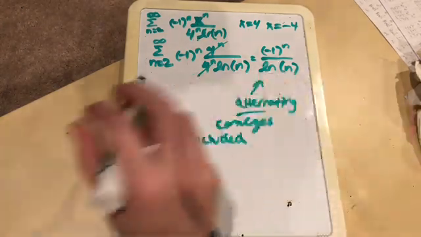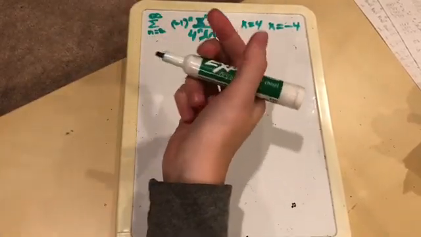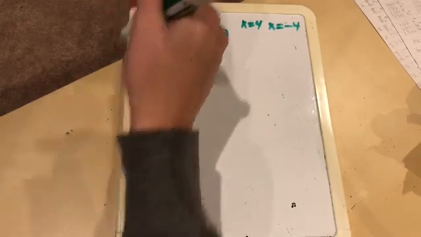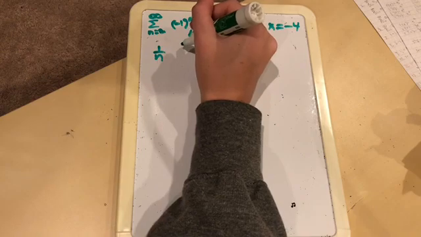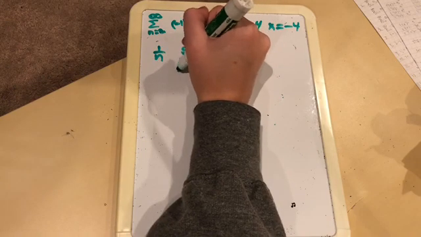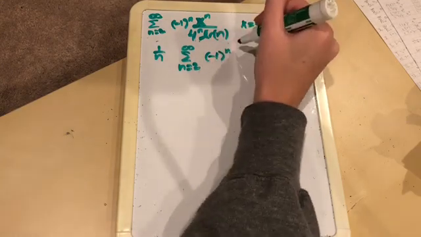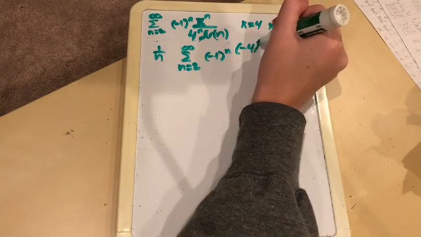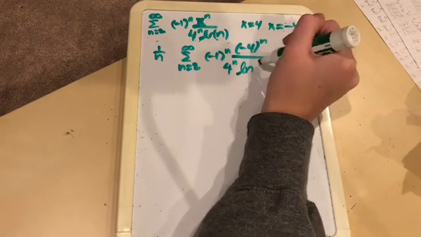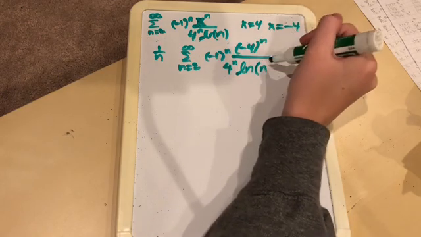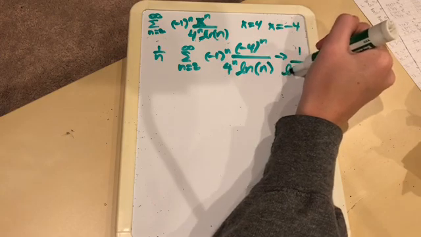We'll test -4 next. For x equals -4, we're going to apply a comparison test to 1 over n. So when we plug in -4, we get the series -1 to the n times -4 to the n over 4 to the n ln of n, which simplifies to 1 over the ln of n.